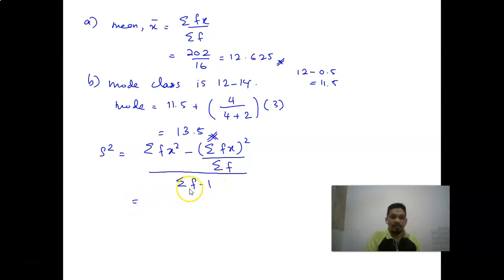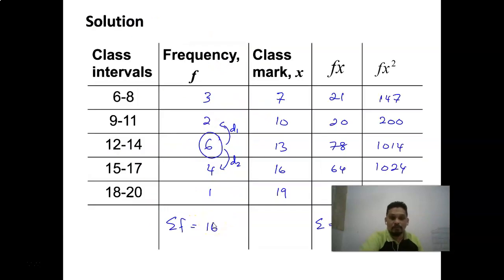Okay, so please refer to the table that we complete just now, and it gives us 2746 minus 202 squared divided by 16, divided by 16 minus 1 equal to 15. There you go.